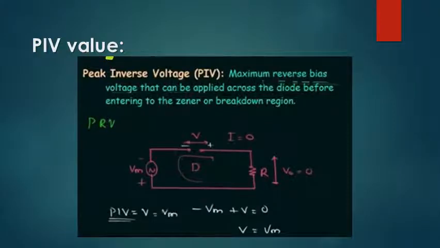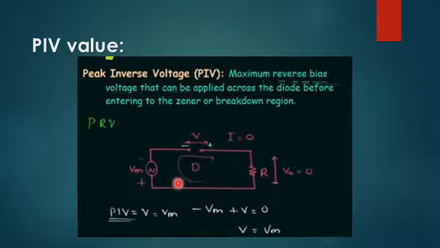Well, the PIV value, peak inverse voltage. Peak inverse voltage is the maximum reverse bias voltage that can be applied across the diode before entering the Zener or breakdown region. Here I will show you. You can see that Vm, the source voltage, is pulsating from here to the rectified.